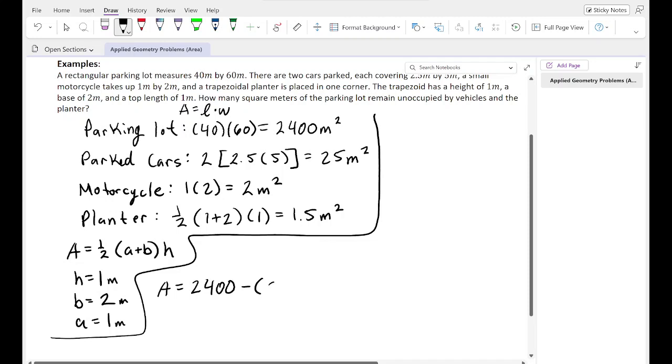So the parked cars is 25, the motorcycle is 2, and the planter is 1.5. So we just run that through, and we're going to end up with 2,371.5 square meters. So that's how much area is left in the parking lot when we remove the parked cars, the motorcycle, and the planter.